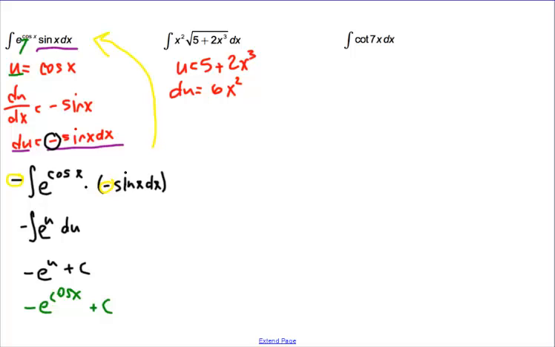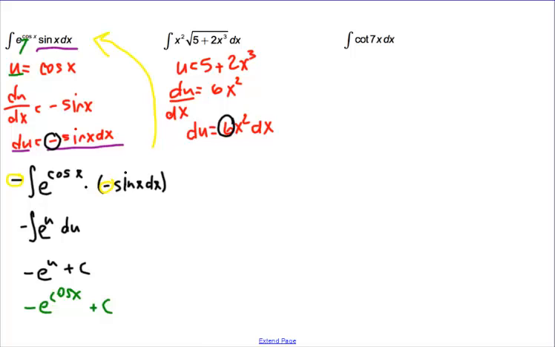Go ahead and get du all by itself. This is du over dx, by the way. So go ahead and get the du part all alone, and what you're going to end up with is du equals 6x squared dx. Okay? And so if I'm going to add that 6x squared in here, just like I did on the previous problem, then I'm going to have to multiply by 1/6 in front of my integral.